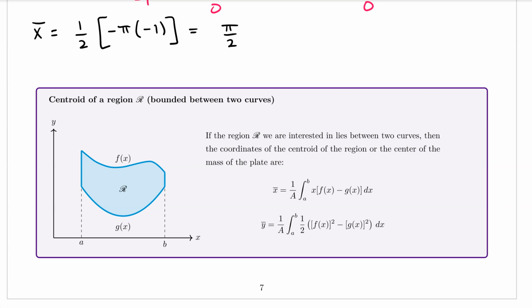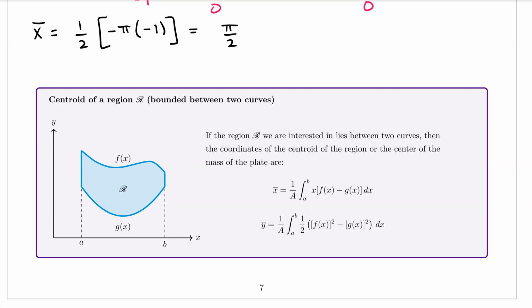So in that last example, we were looking at a region that was bounded by a curve and the x-axis. Now we want to generalize this even more and talk about what is the centroid of a region R that is bounded between two curves. If the region R we are interested in lies between two curves, then the coordinates of the centroid of the region, or the center of mass of the plate, are defined as follows.